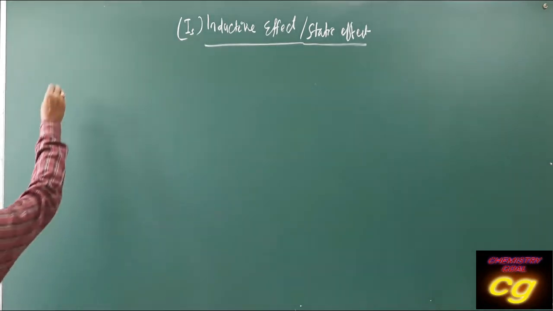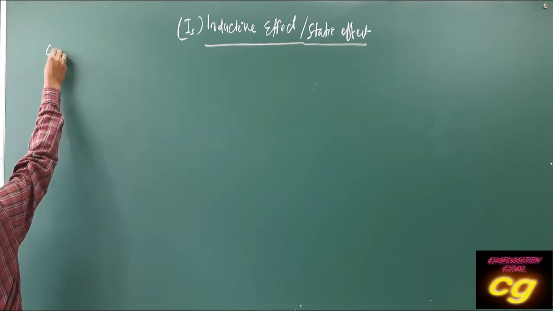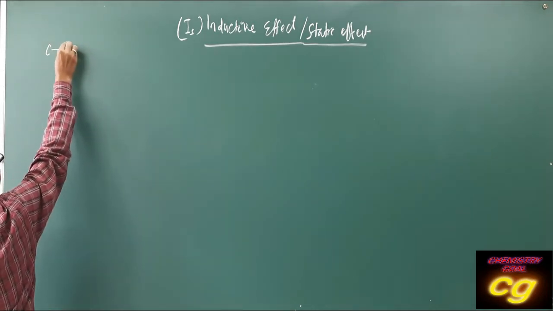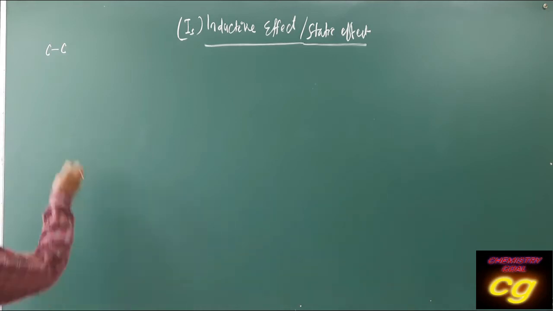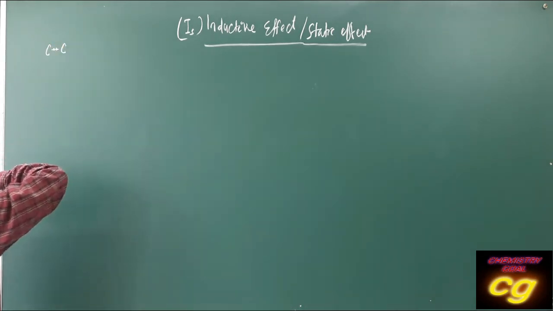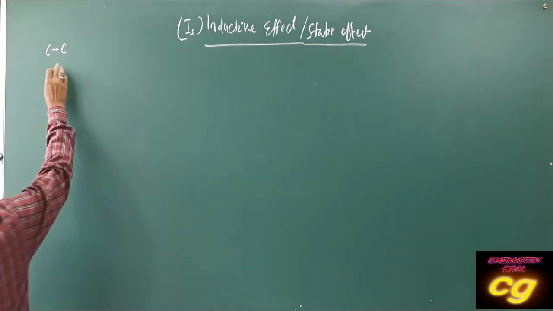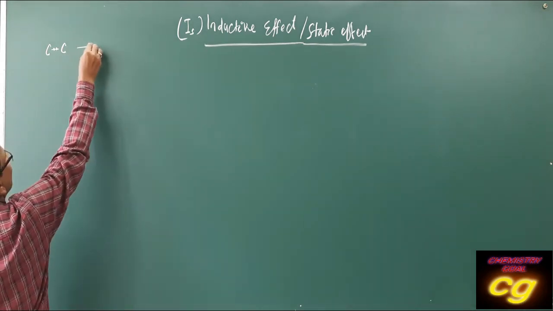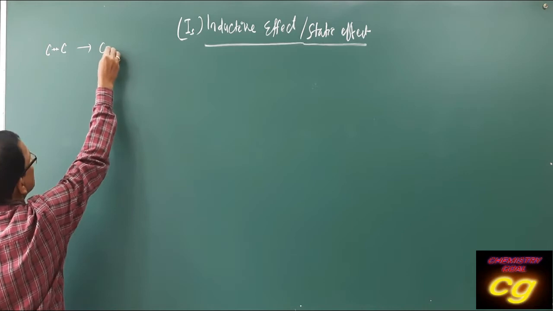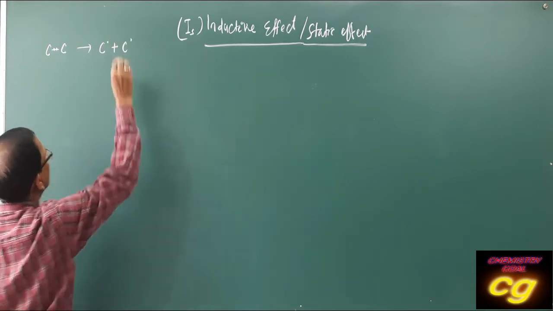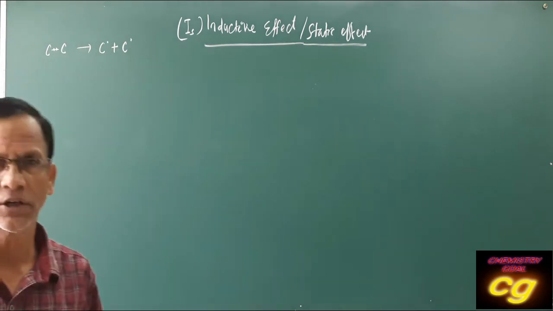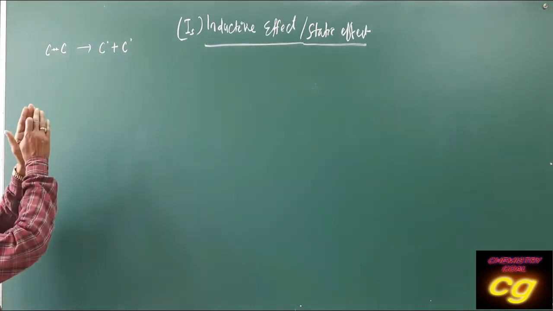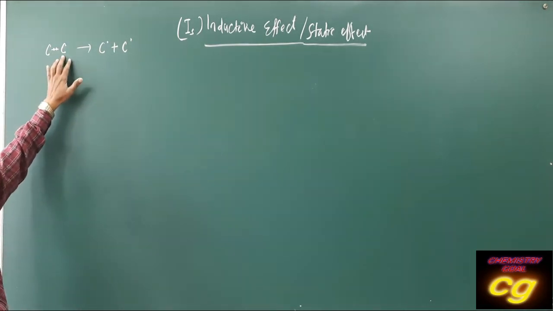We know when a covalent bond is formed between different atoms, let it be between C and C, if you see this bonded shared pair of electrons, it is distributed between both atoms, and each atom gets one electron. In this case, the electrons of both atoms get divided among themselves.